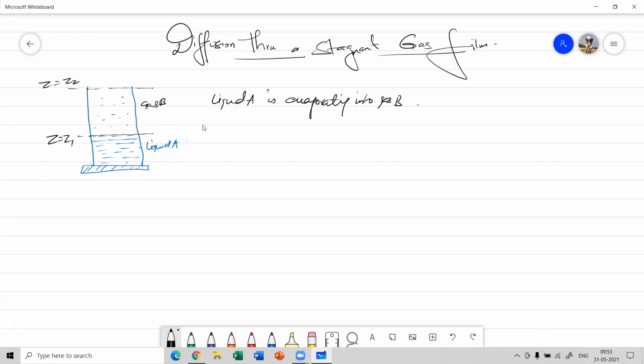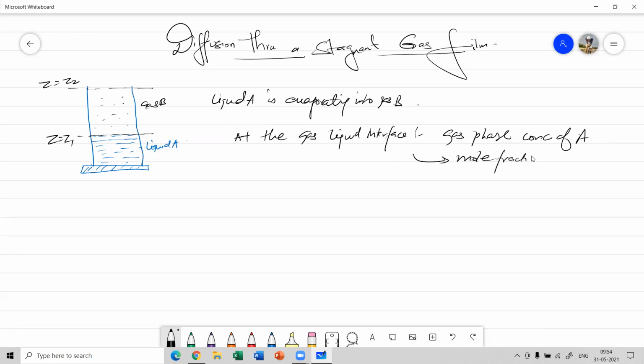Now at the gas-liquid interface, the gas phase concentration of A is expressed in terms of mole fraction, XA1. This is taken to be the gas phase concentration corresponding to equilibrium with the liquid at the interface.